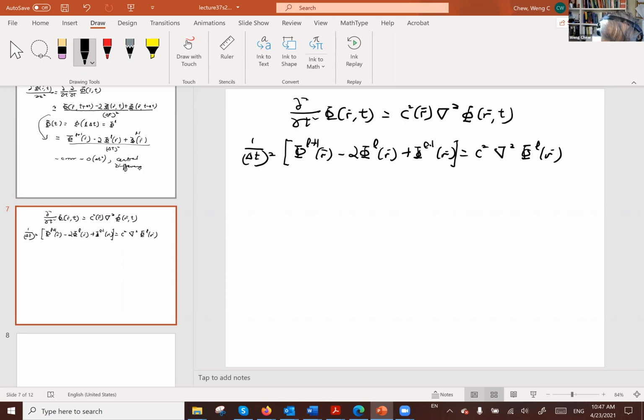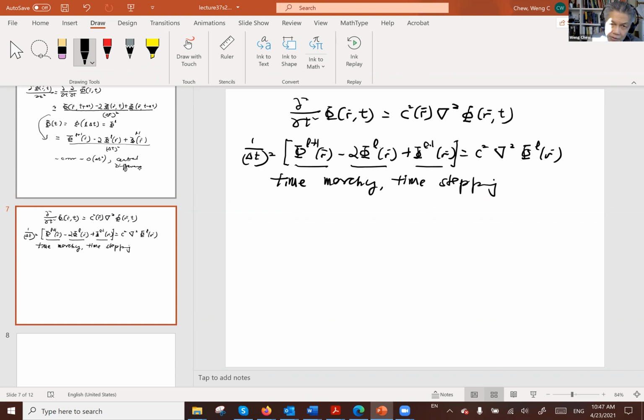Okay, and now I can rewrite this formula in such a way that it is more suggestive of a time marching or time stepping. How do I do that? This is a field that is in the future in time. This is the field at the present moment. This is the field at the past time, a step behind.